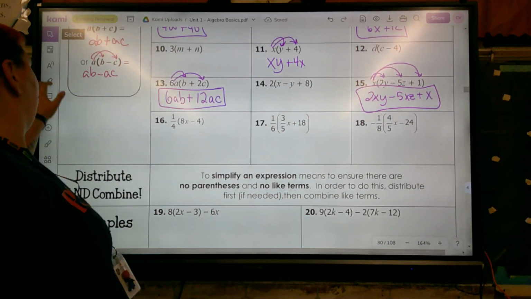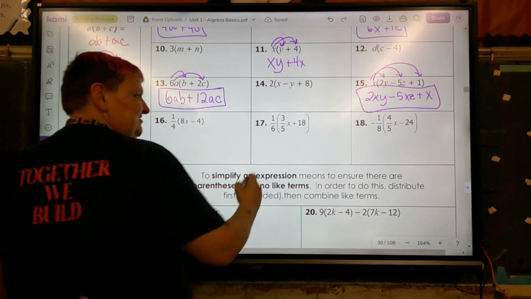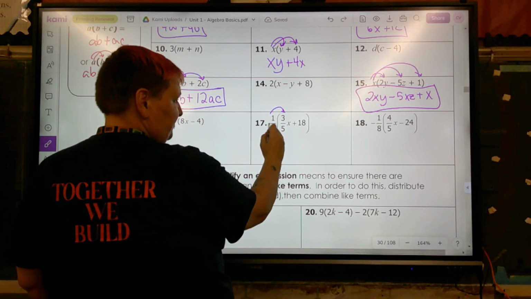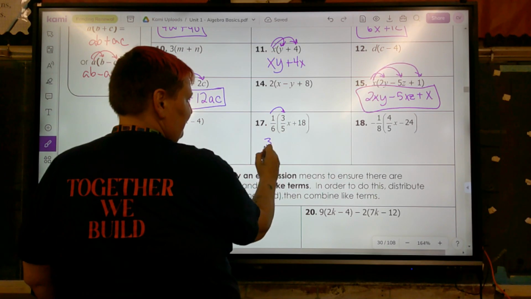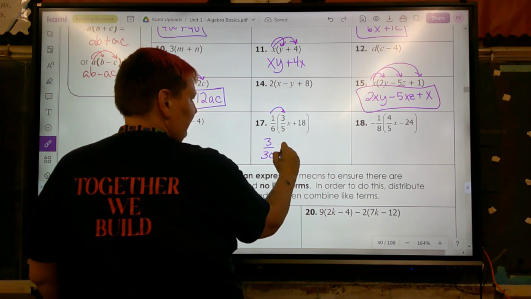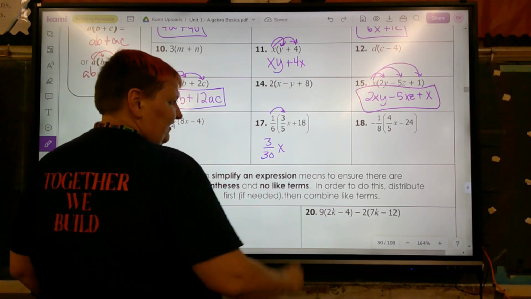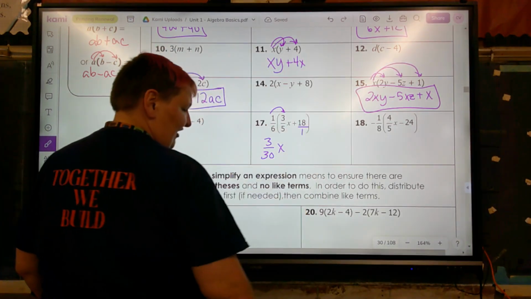Alright, and then just because it has a fraction doesn't mean you need to panic. Right? So you're just distributing it. So we're multiplying. 1 times 3 is 3. 6 times 5 is 30. 3 over 30x. And then, remember, if you're multiplying fractions, they both have to be fractions.